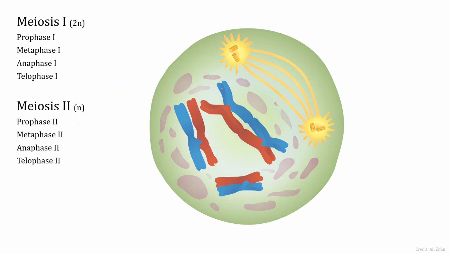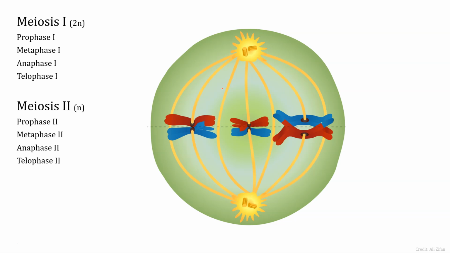Okay, in metaphase then, this looks pretty similar to mitosis. You can see we have completed the crossing over here, so we've got some chromosomes mixing and matching.